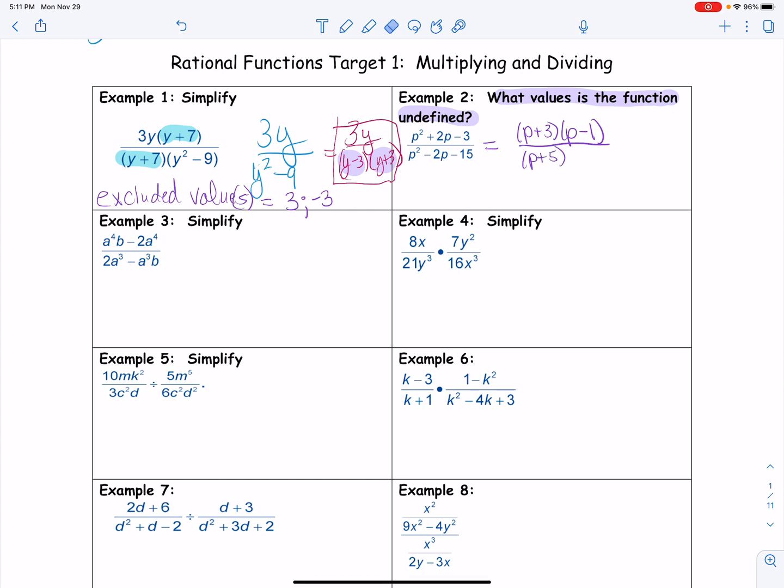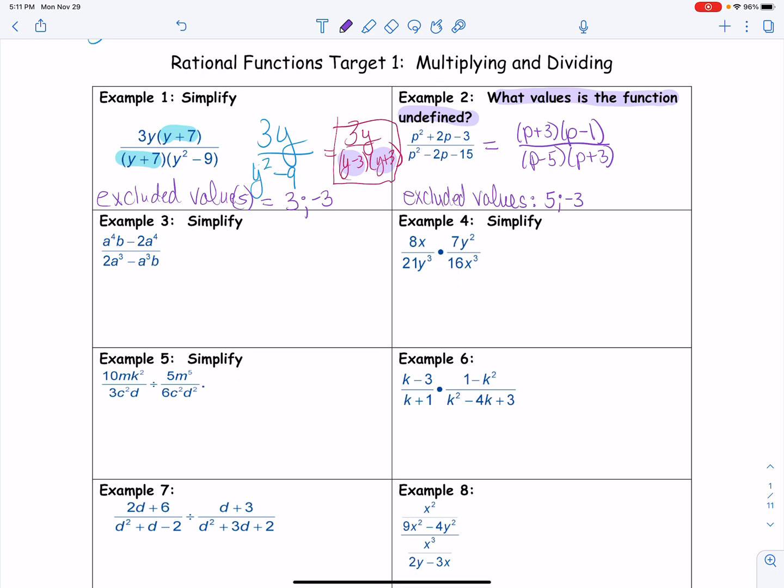No, excuse me, isn't that p minus 5, because it's a negative 2? So p minus 5 and p plus 3. If it's asking for undefined, it's asking for your excluded values. I'm not going to do this on every question because it's not going to ask on every question on your homework. So my excluded values would be 5 and negative 3.